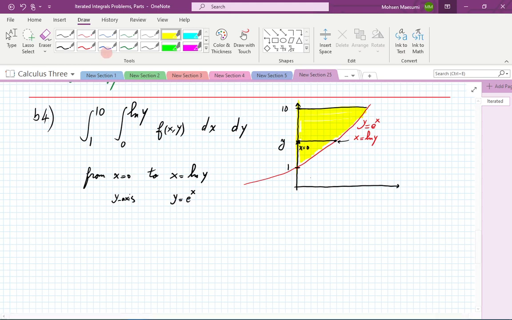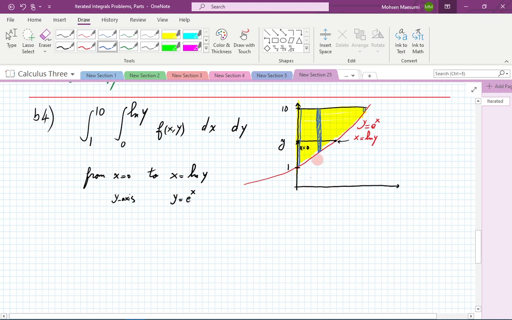Now the question is, what if I want to switch order of integration, meaning I want to go y first then x? Well, if I want to sweep in the y direction, I'll be going vertically up. So this is going to be the strips I'm picking out at that time. First of it, this type of strips all the way here, and the last of it is all the way there.